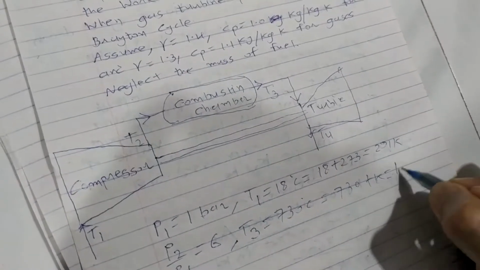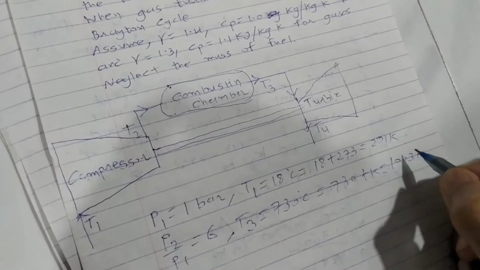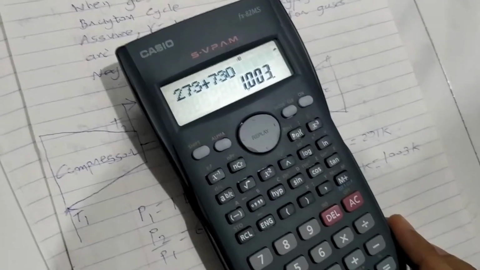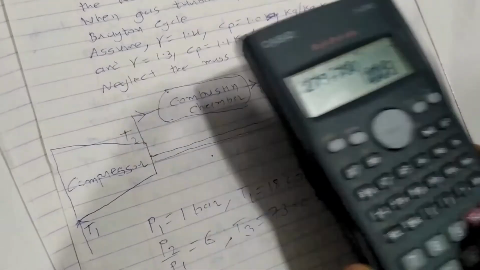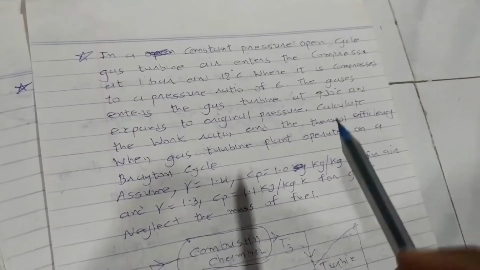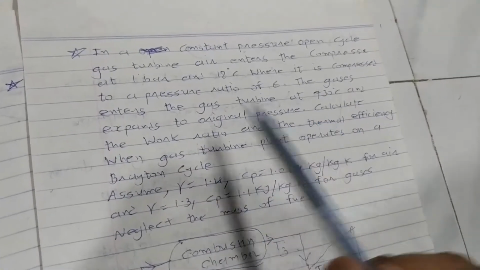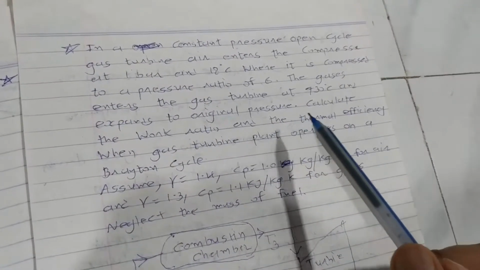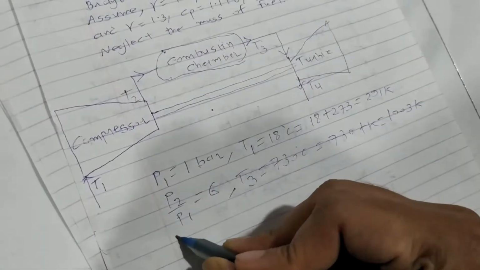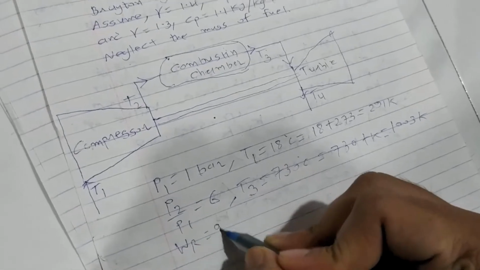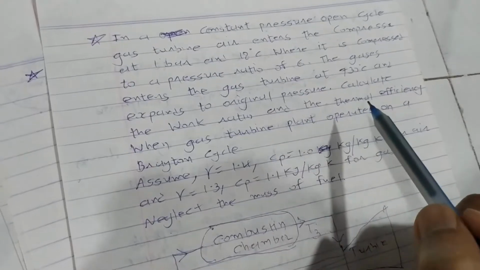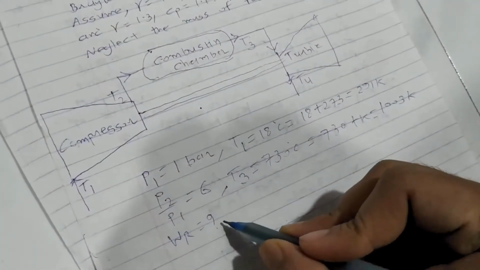So it will be 1003 Kelvin. I suggest you keep a calculator with you so you can calculate everything easily. And it expands to the original pressure. Calculate the work ratio. I have to calculate the work ratio here. And the thermal efficiency. I have to calculate thermal efficiency here.